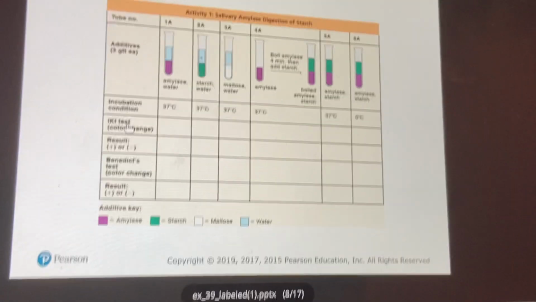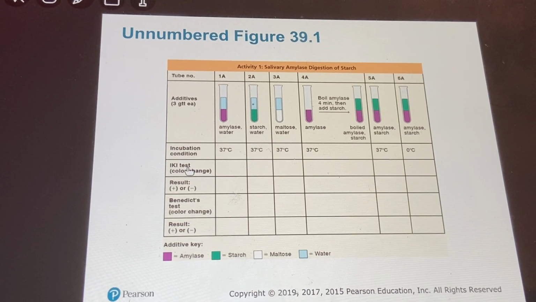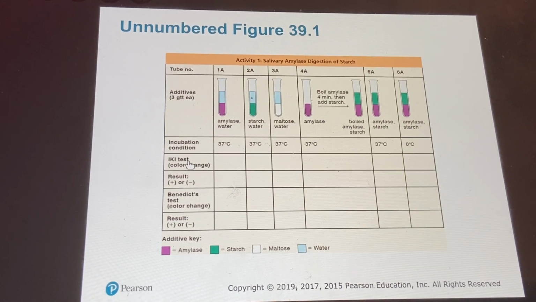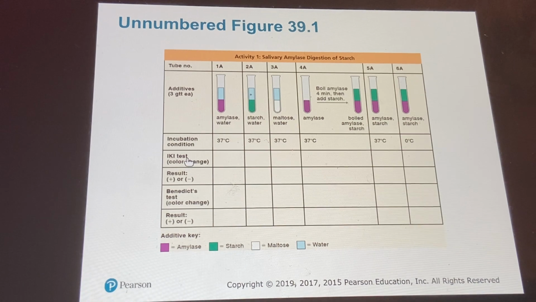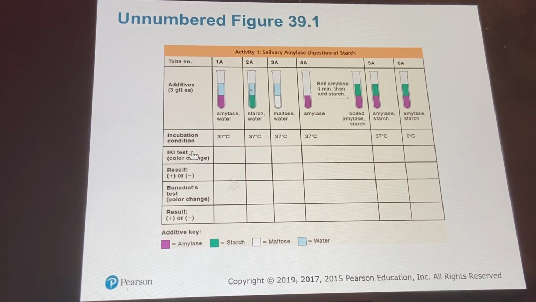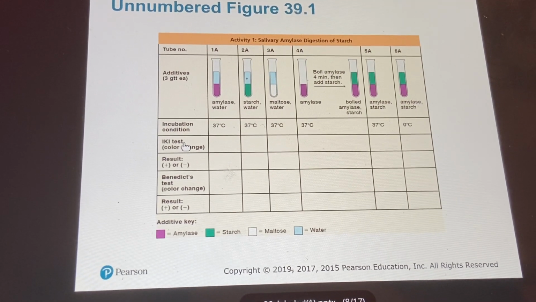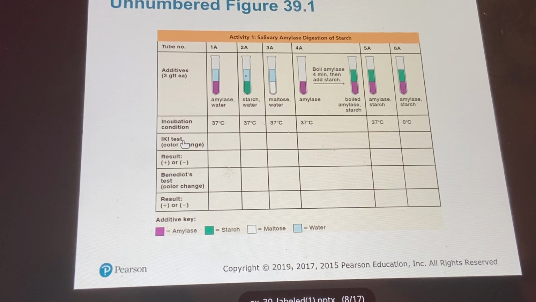Is it a test for chemical starch reactions, or is it a test for simple sugar? It's a test for carbohydrates, right? Which carbohydrate? Is it the big ones or the small ones? IKI is a test for starch or glycogen.